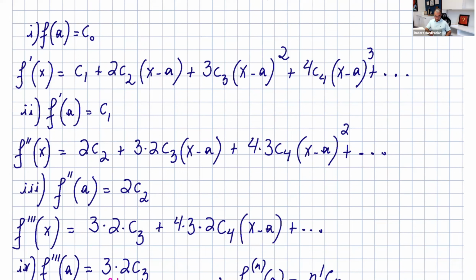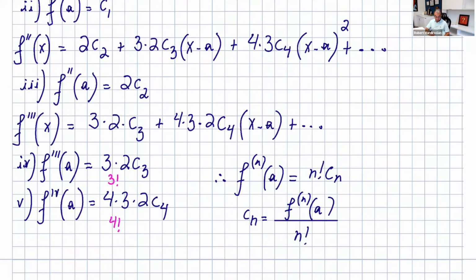If you calculate the second derivative, f double prime of a, these are zeros, so you're left with 2c2. We're getting to a conclusion here.